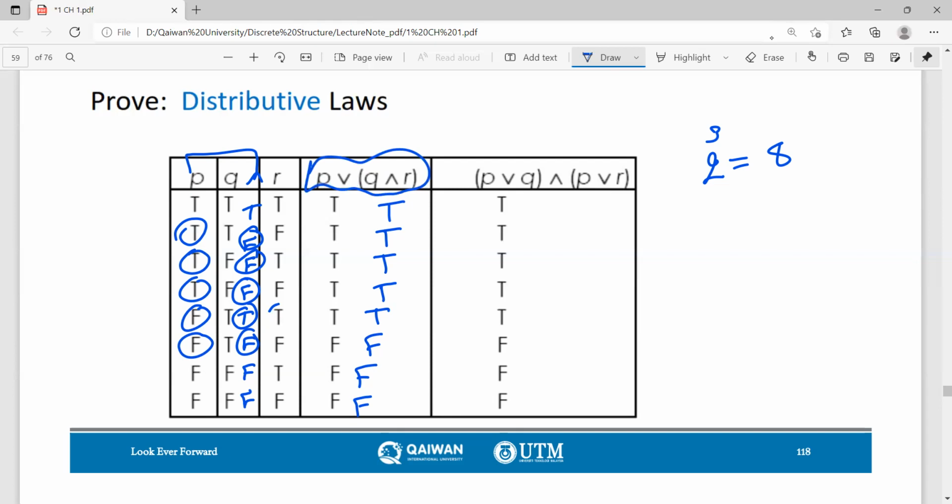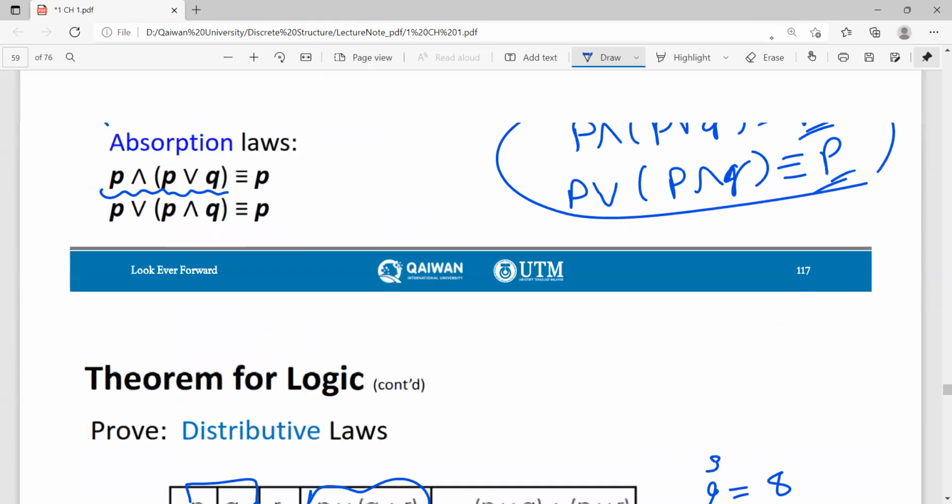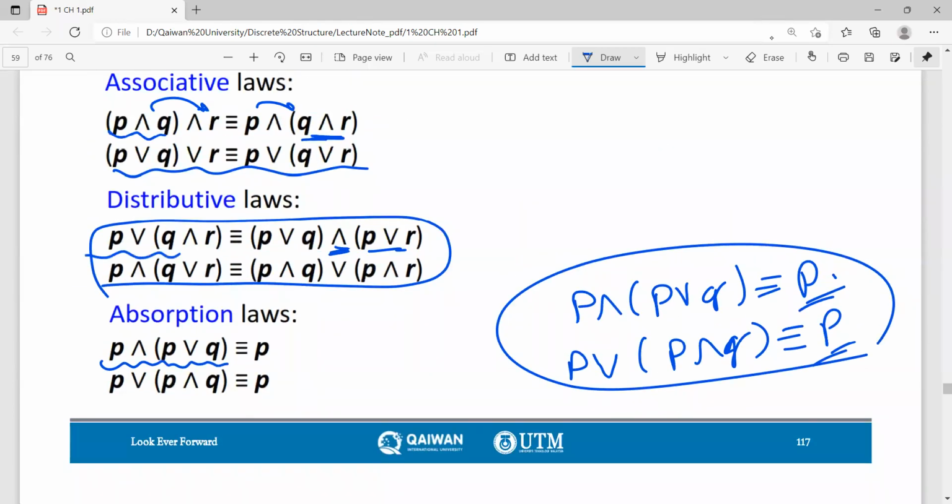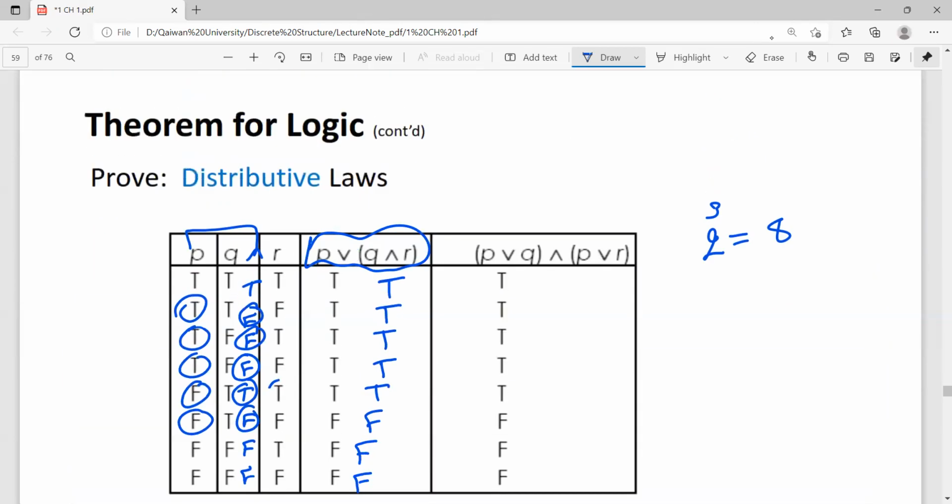How about the last one? It's just for proving that P or (Q and R) is equivalent to this one. Now it's easier to find P or Q and P or R, then combine them by AND. What's P or Q?